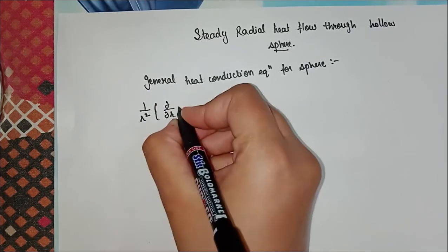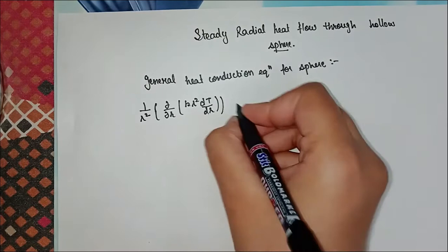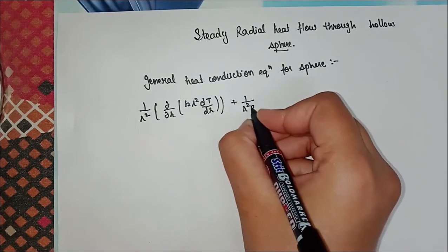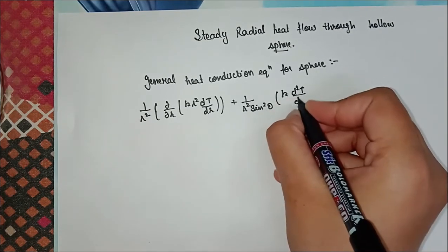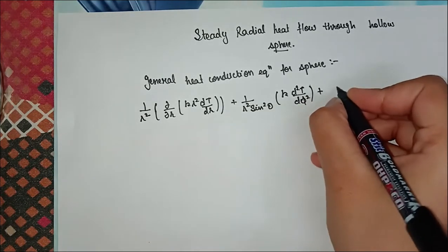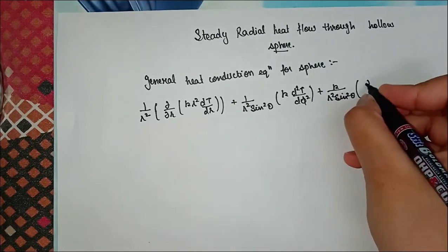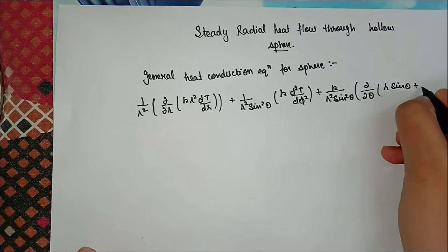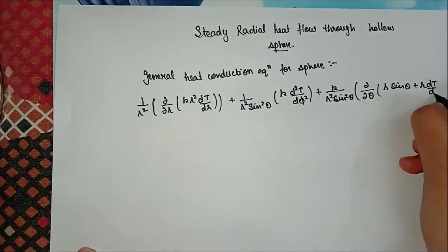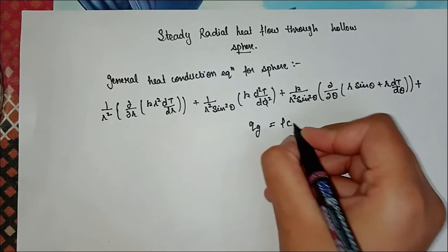And the equation is 1 divided by r square curl of k r square dt upon dr with respect to r plus 1 upon r square sin square theta k d square t divided by d phi square plus k upon r square sin square theta curl of r sin theta plus r dt divided by d theta with respect to theta plus qg equals to rho c dt upon d tau.